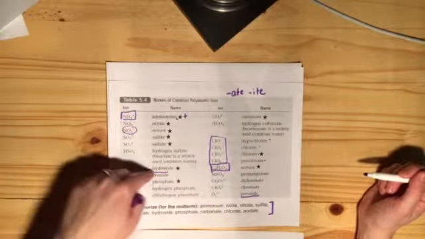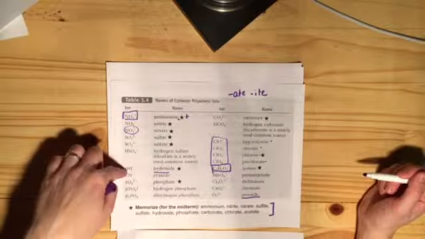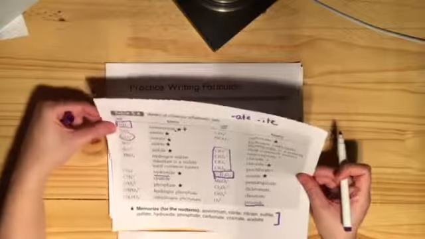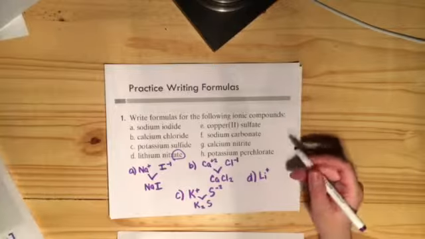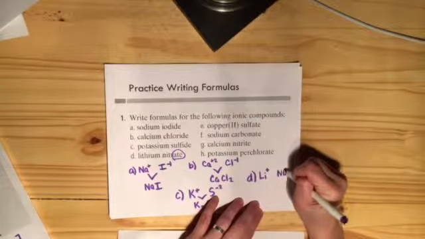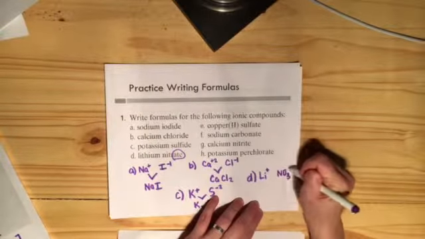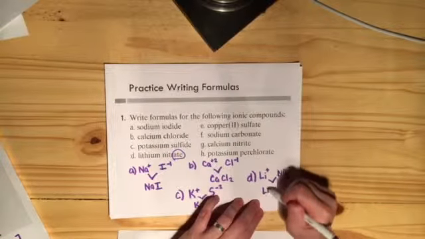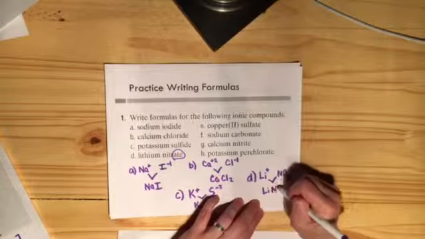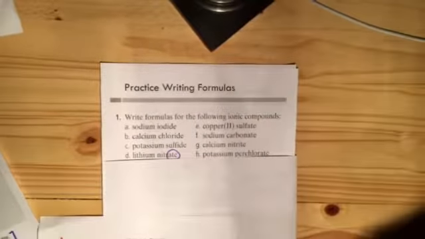So you want to be familiar with this enough to know this isn't from the periodic table, this is a polyatomic ion. But the rest of them you can tell because of ate or ite. And so which one is this? We've got lithium nitrate is NO3-. So once you figure it out, you're given the charge, and so you just have to write the formula. +1, -1, we've just got one.